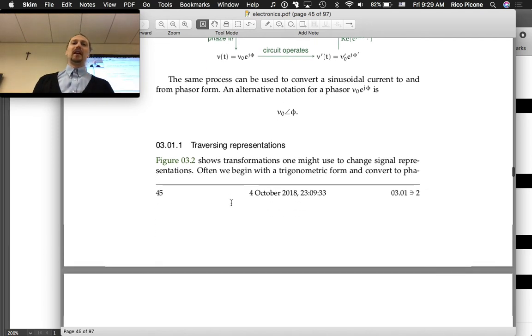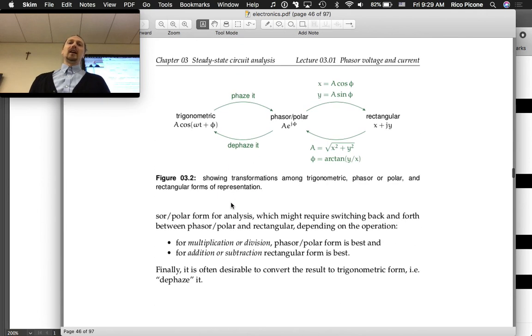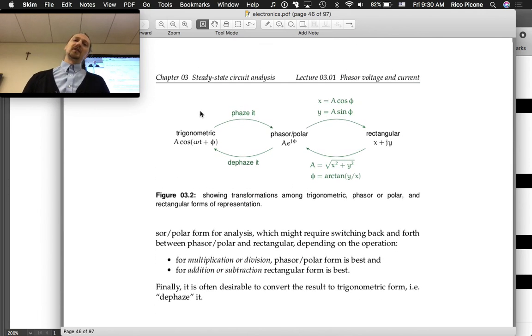So this is the phasor notation, and then I went back and did this extra one about how to go from trig to the polar phasor form to another complex number representation, the rectangular form, and back. You can remember that if you're doing multiplication or division, typically the polar phasor form is the one you prefer.